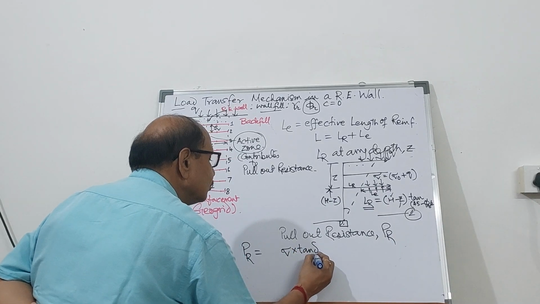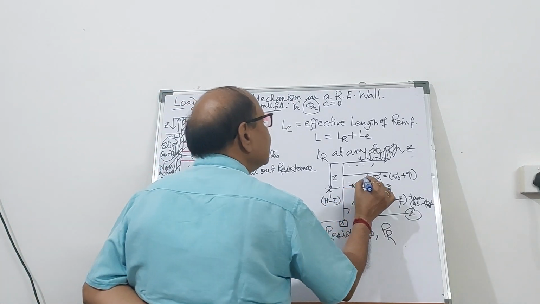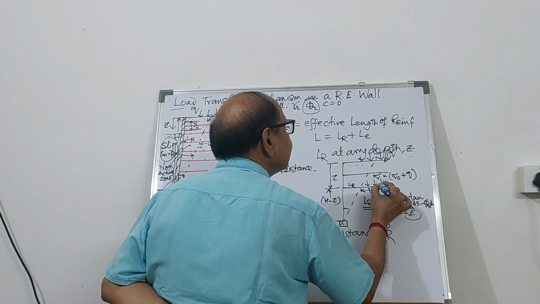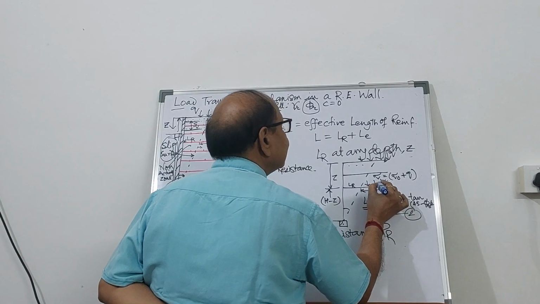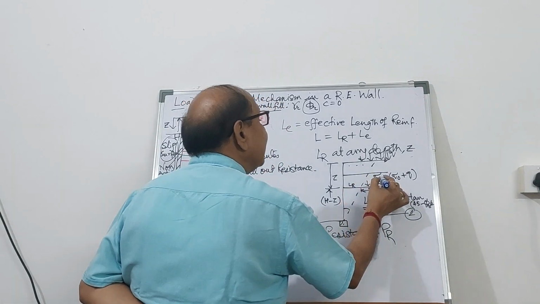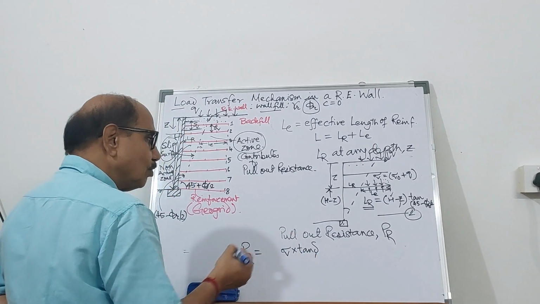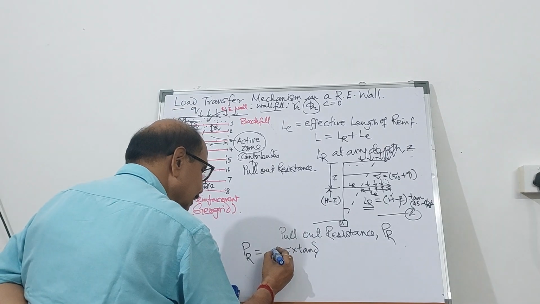tan delta. What is delta? Angle of wall friction. That is due to the fill material here and the angle of friction between the geosynthetic, that is geogrid, and the granular material, called angle of wall friction. So sigma V into tan delta.